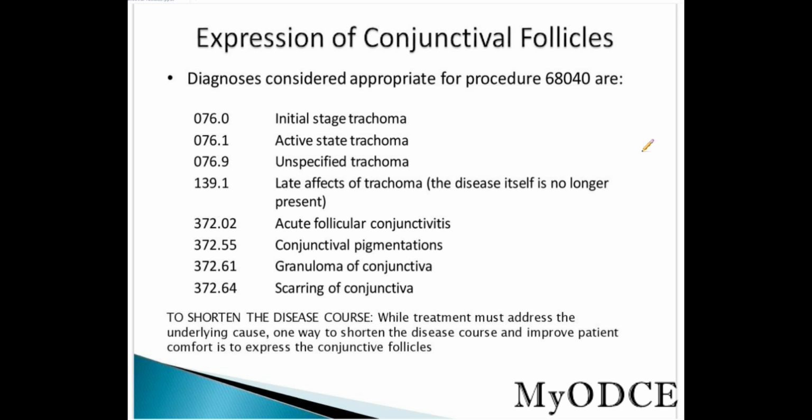Now, there is a procedure code for expression of conjunctival follicles, and we'll see that a lot of this has to do with trachoma, but also acute follicular conjunctivitis, conjunctival pigmentations that can lead to a formation of conjunctival follicles, granuloma of the conj, which can also lead to follicles around it, and conjunctival scarring as well.